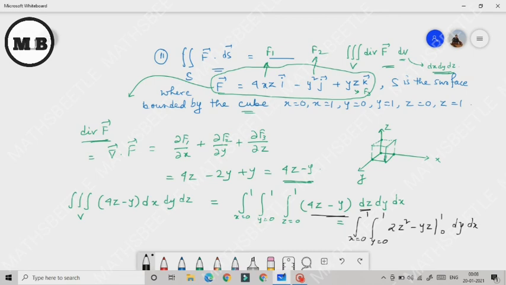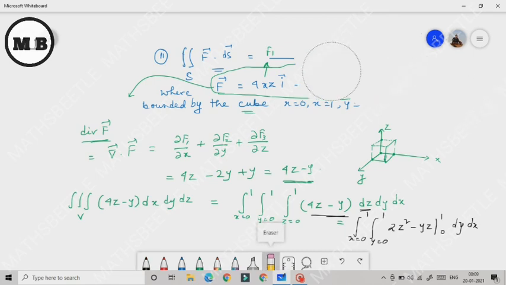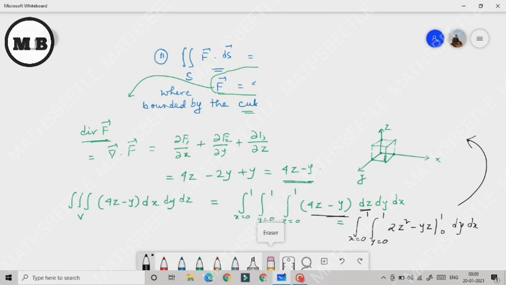Okay, fine. So here we can proceed. After this step you have x from 0 to 1, then y from 0 to 1, here you have 2 minus y dy dx.